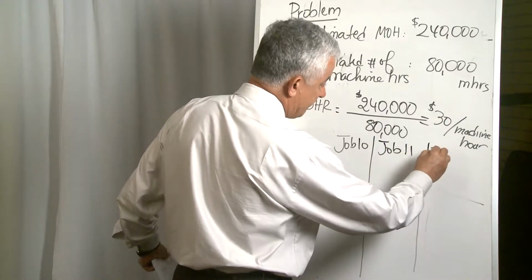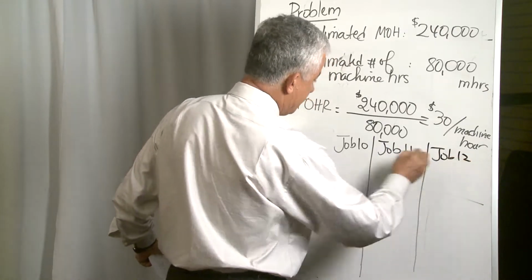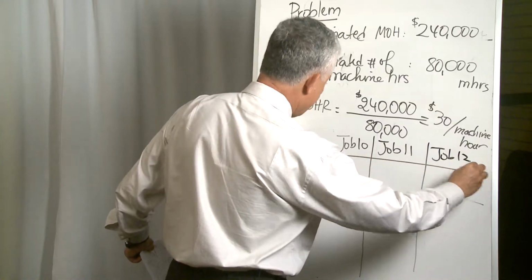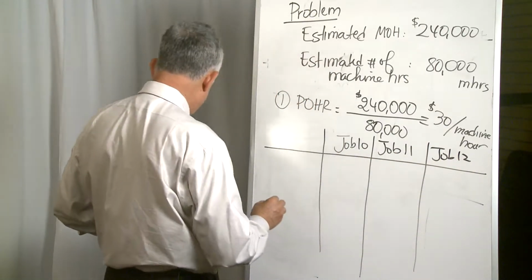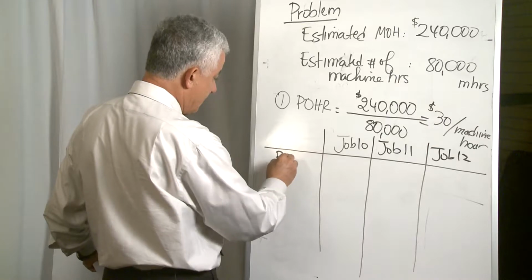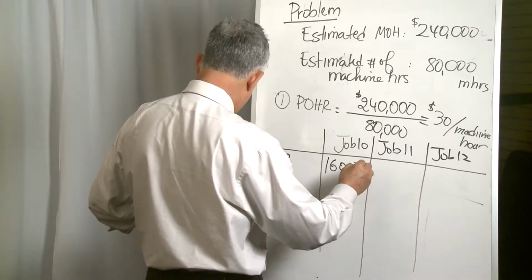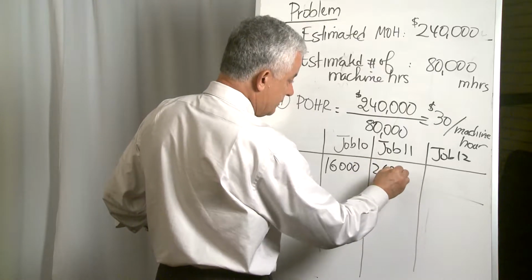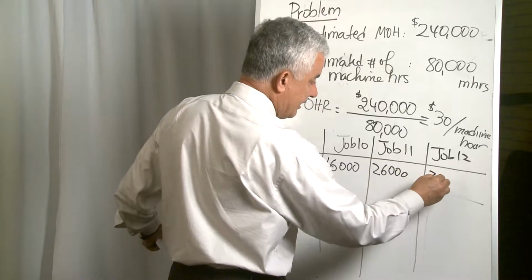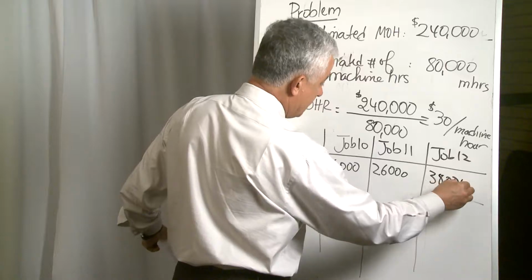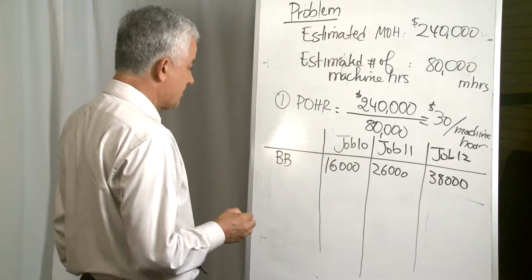We have the beginning balance for each of these jobs: 16,000, 26,000, and 38,000 for job 10, 11, and 12 respectively.